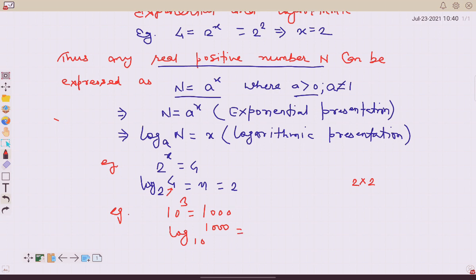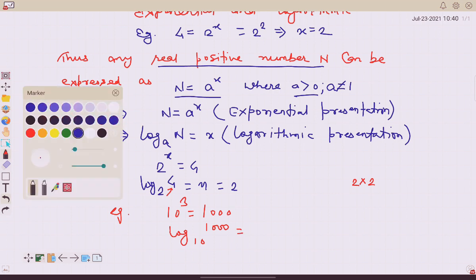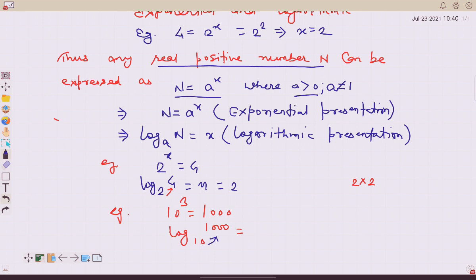How many times do we multiply 10 to get 1000? We multiply 10 into 10 into 10, 3 times, so our answer should be 3. This is the meaning of log and exponential: we can represent any real positive number n in two different representations, exponential as well as logarithmic presentation.